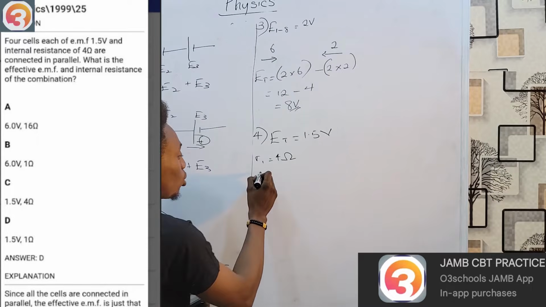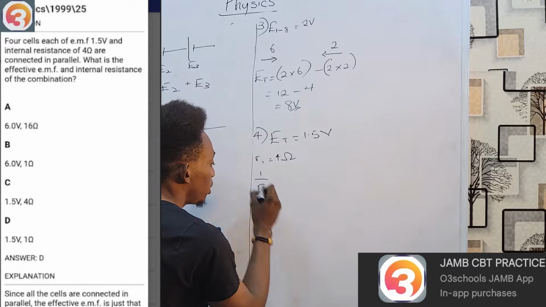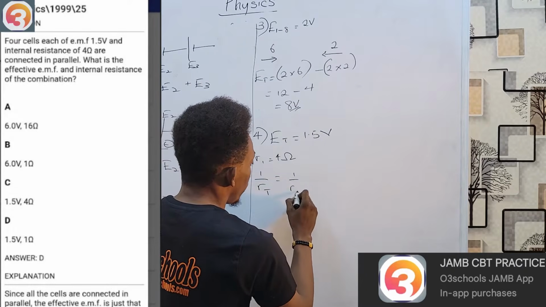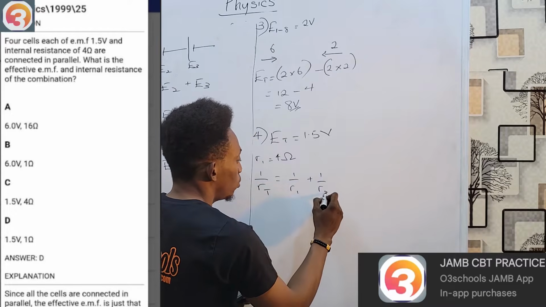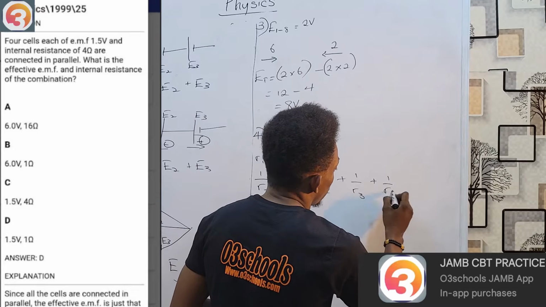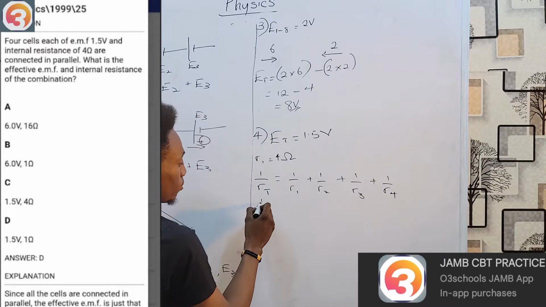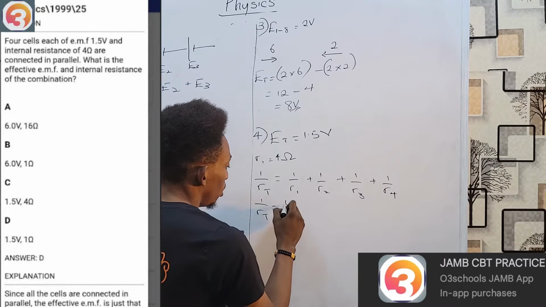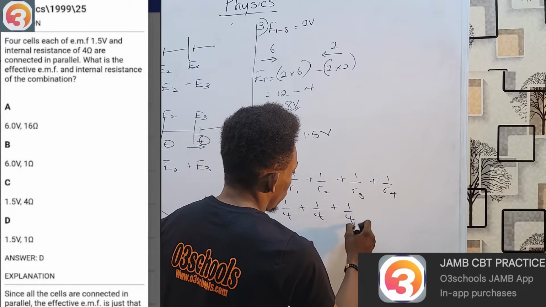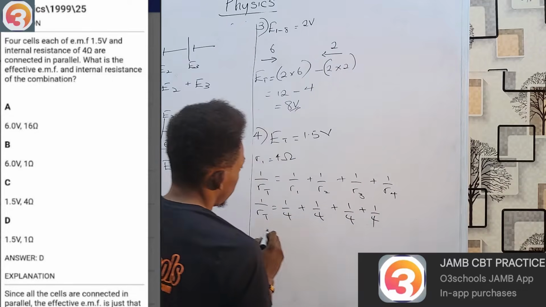But if we would like to see the solving, then you know that 1 over RT, the formula for parallel connection, will be 1 over R1 plus 1 over R2 plus 1 over R3 plus 1 over R4, because there are 4 resistors. So 1 over RT will be 1 over 4 plus 1 over 4 plus 1 over 4 plus 1 over 4.